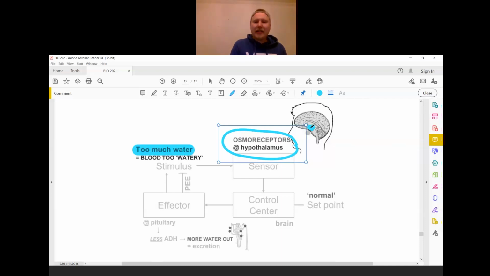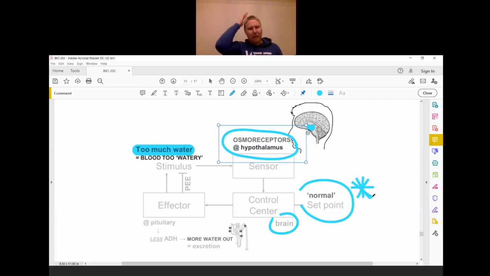So that's our sensor. And of course, the osmoreceptors pass the message to the other parts of the brain where we compare that to the normal. What should be the normal amount of water in the body? How watery should the blood be, if you wish to use that expression? And if we're beyond this normal amount, then the effector kicks in.